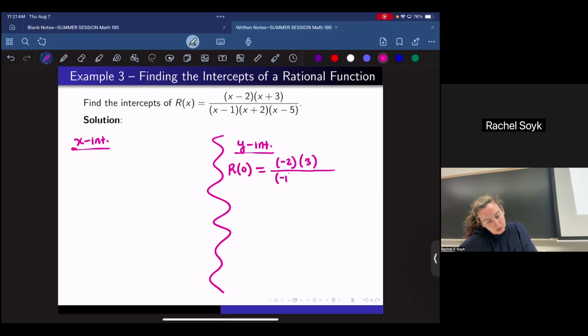And then your denominator is -1 times 2 times -5. So that simplifies to -6 over +10, which is just -3/5 reduced. Which means as a coordinate, your y-intercept is just (0, -3/5).